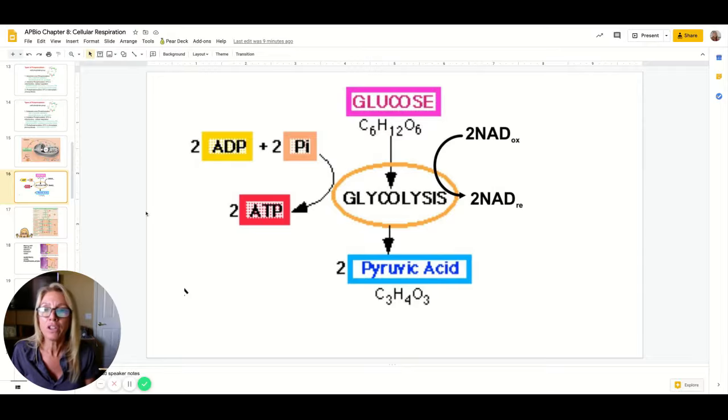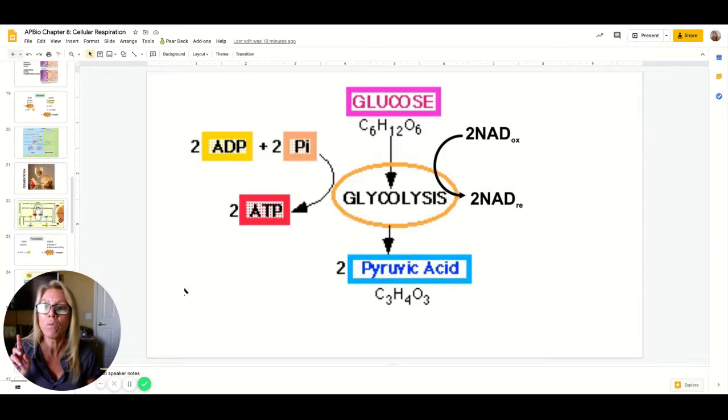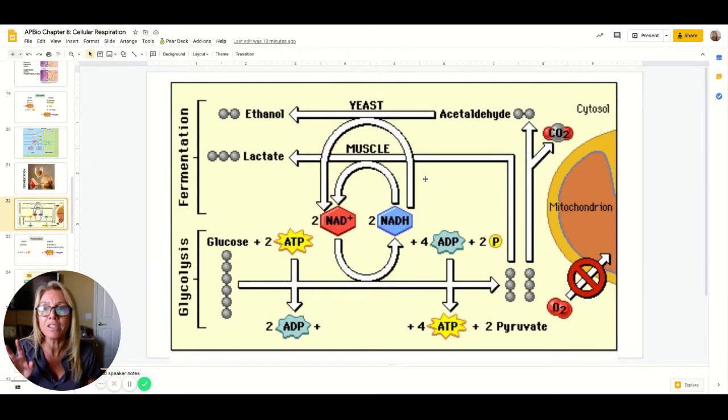So that's why you net out 2 ATP here. Also, you reduce 2 NAD in the process. Remember, the whole point of fermentation was to oxidize the NAD that you had reduced during glycolysis so you could reuse it again here in glycolysis.